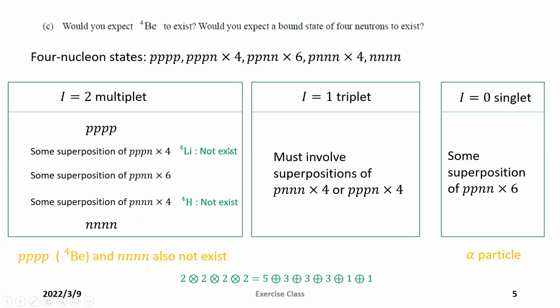So that's the case for 4 nucleon states. So basically, it's just similar to the case of 2 nucleons, but it's just more complicated.